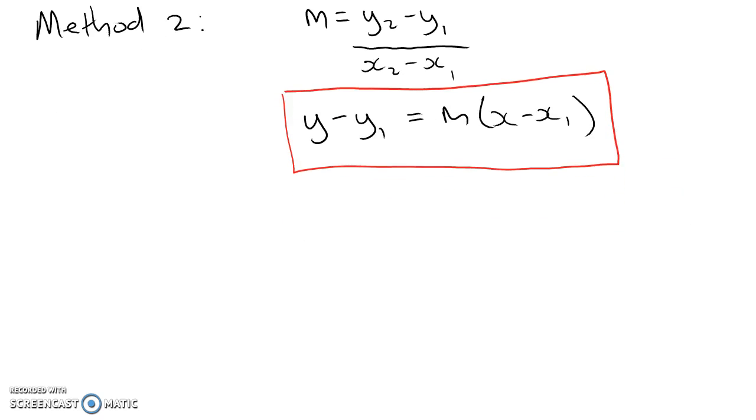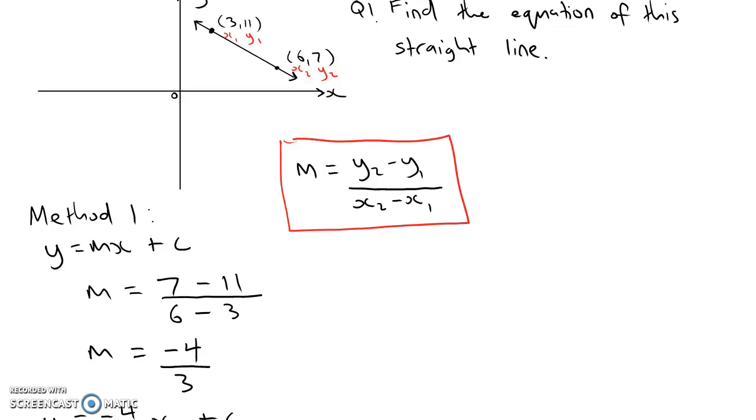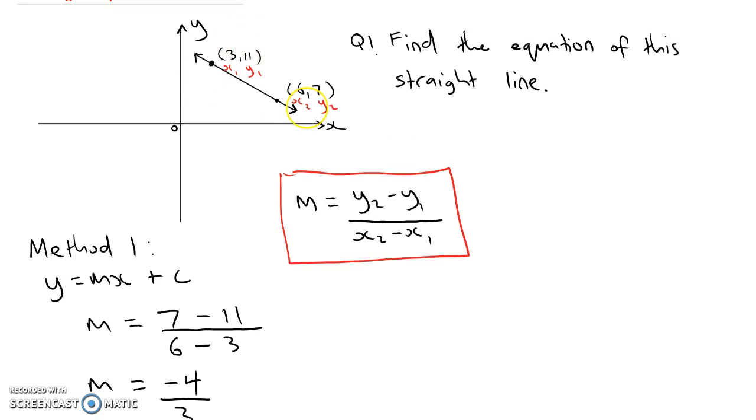So we found, using the first method, that our gradient was negative 4 on 3. We already know that. Now we can pick for this x1 and y1 value here. Again, we can choose either one of these set of coordinates.